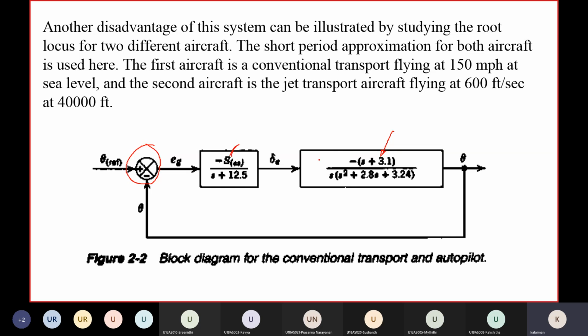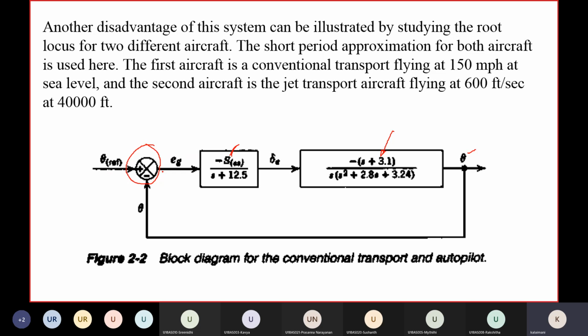Here I referenced the aircraft dynamics as a negative transfer function, therefore I made the servo also negative. Then we multiply and get a forward positive transfer function, and theta is also positive. We take the reference and compare, which produces an error.